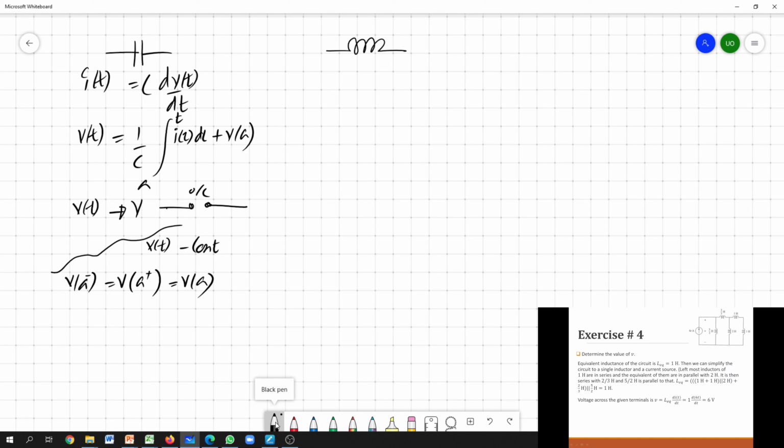For the inductors, with inductance L, the induced voltage across the inductor is equal to L times the derivative of the current. We can easily evaluate the current across the inductor from this integral.